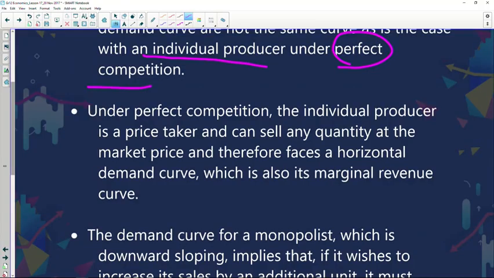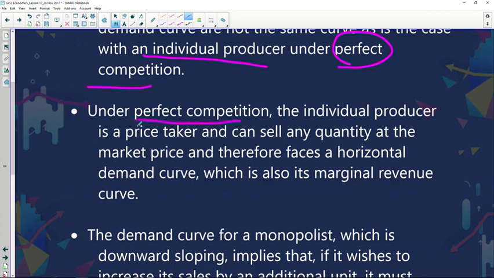Under perfect competition, the individual producer is a price taker and can sell any quantity at the market price, and therefore faces a horizontal demand curve, which is also its marginal revenue curve. Okay, this is still under perfect competition.